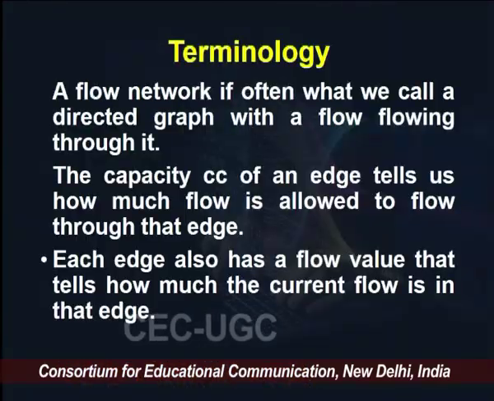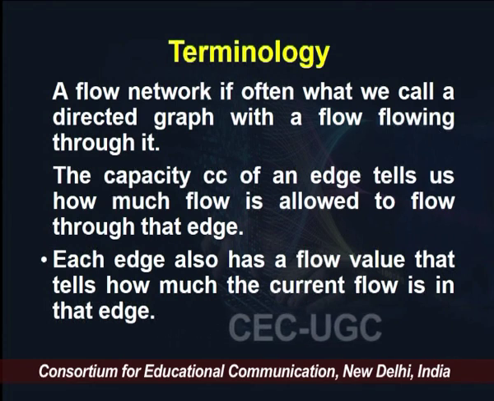Now before going into the relevant max flow min cut theorem, we will be looking into some terminology first. As till this point we have seen, a flow network is what we call a directed graph with a flow flowing through it.